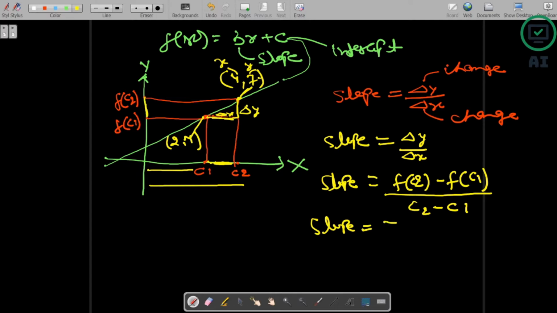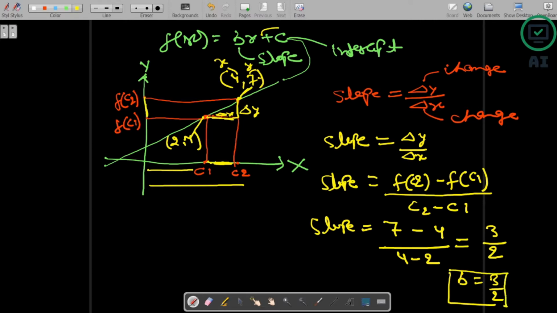This is 7, so 7 minus 4, divided by c2 minus c1, which is 4 minus 2. So this is 3 divided by 2. That's it. This is the slope of this particular line. And in this equation, b equals 3 by 2, because as we know, on this line b is the slope. So we found the slope of this particular line.